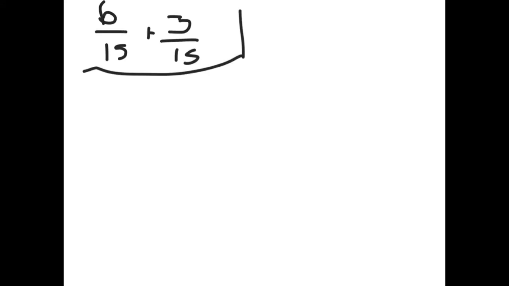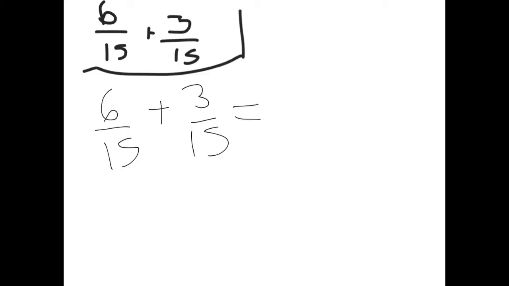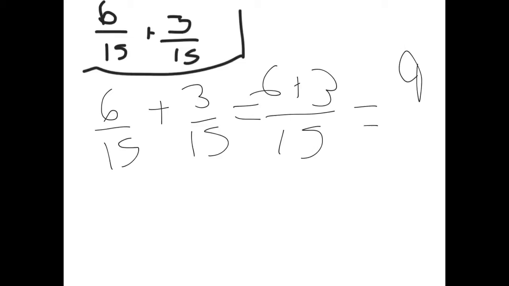All right, let's add these fractions. Our problem is 6 over 15 plus 3 over 15. Let's rewrite it. 6 plus 3 over 15. 6 plus 3 equals 9. 9 over 15.